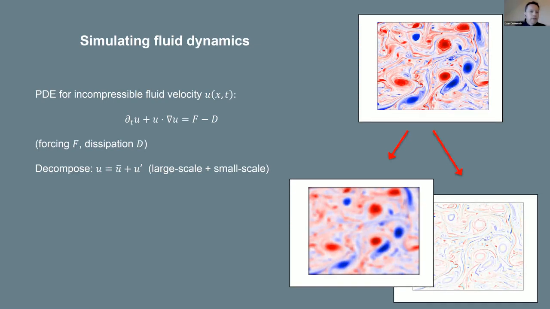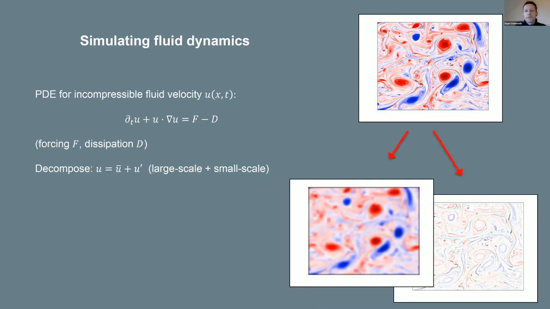Now, what you can think of is decomposing this velocity field into larger scales and smaller scales. The U bar denotes the field with the larger spatial scales still resolved, and everything that falls out is then the U prime field.